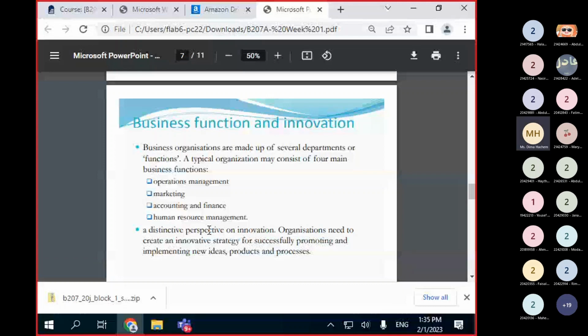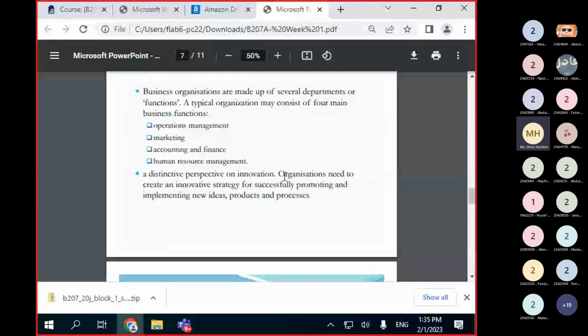So organizations need to create an innovative strategy. It doesn't happen by mistake. It doesn't happen by coincidence. We have to set up some main titles and a strategy on how to be innovative in the organization.